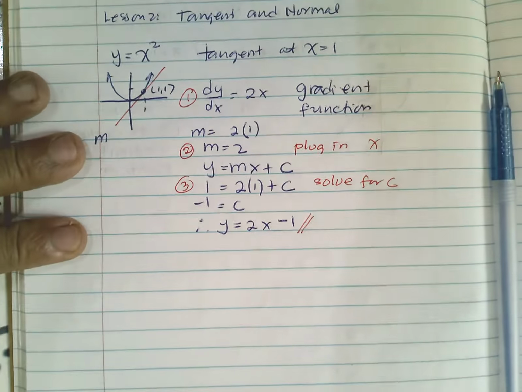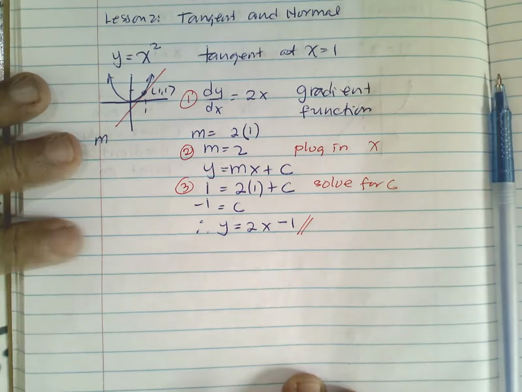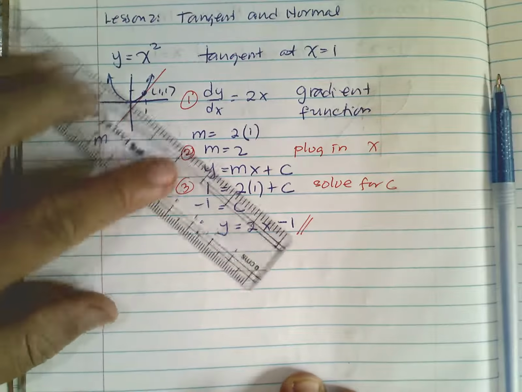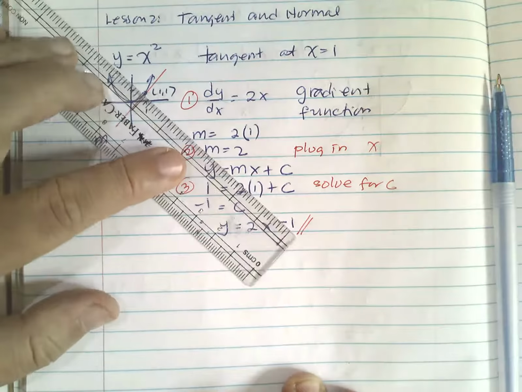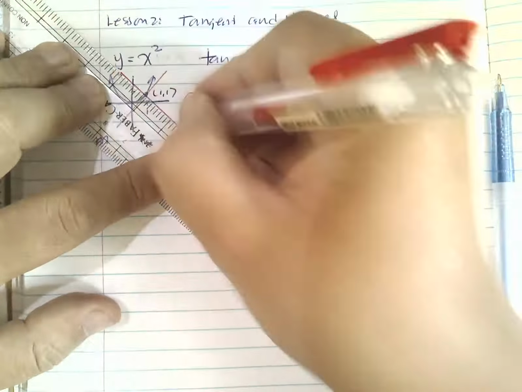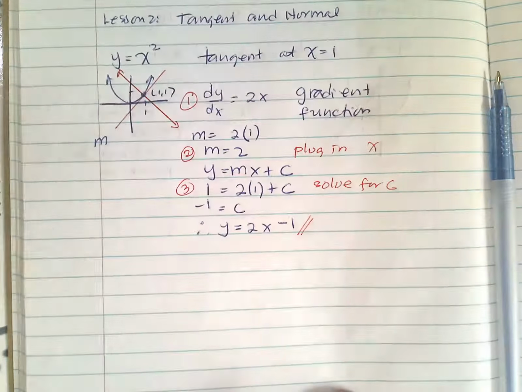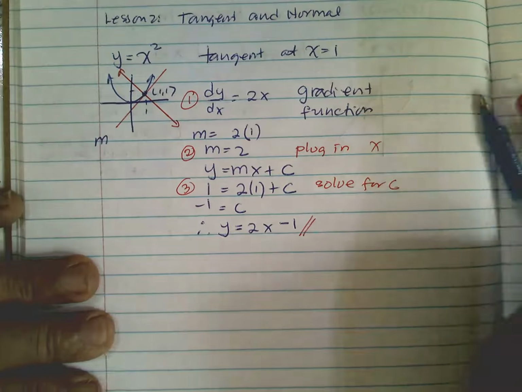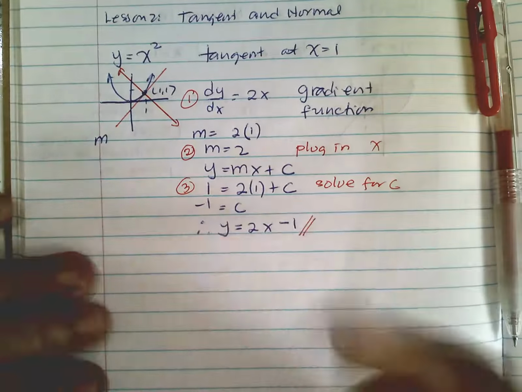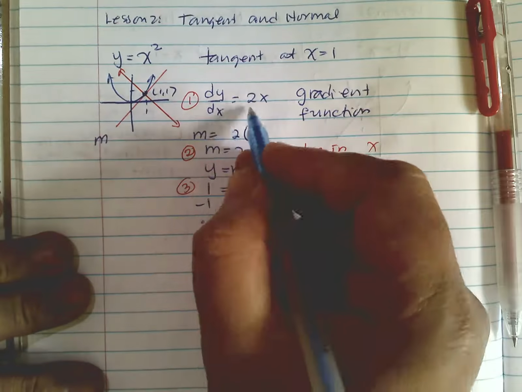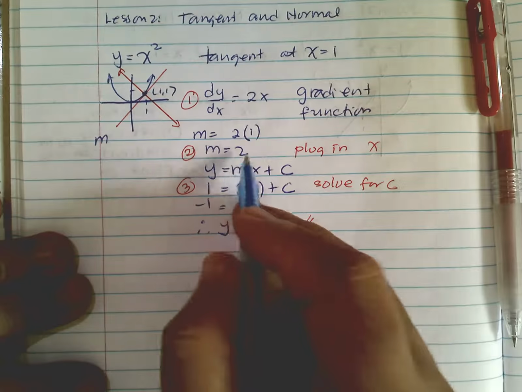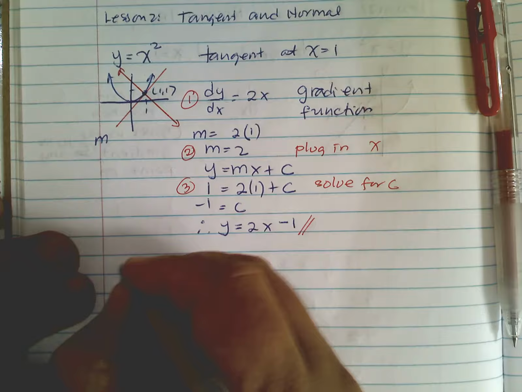This time what we are going to do is to look for the normal line. The normal line is actually the normal to the tangent. So let's say, for example, that is my normal line. Again, we already know the dy/dx, which is 2x. We already know the m, which is equal to 2.